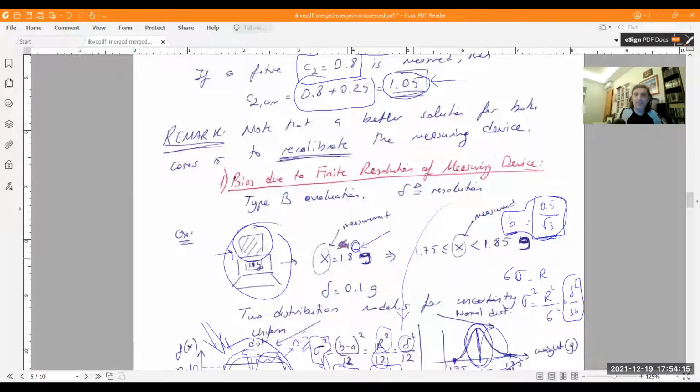This value here, the measurand, is between 175 and 185, and if this value is 1.8, it means that the real value is between 175 and 185. So actually this should be the correct answer.